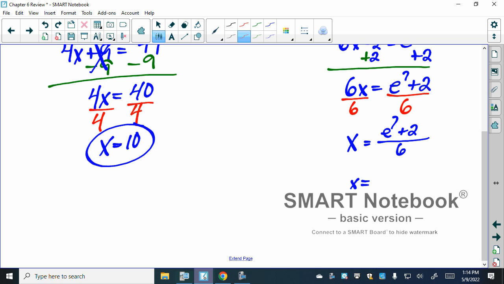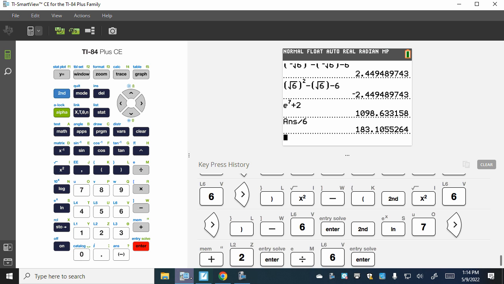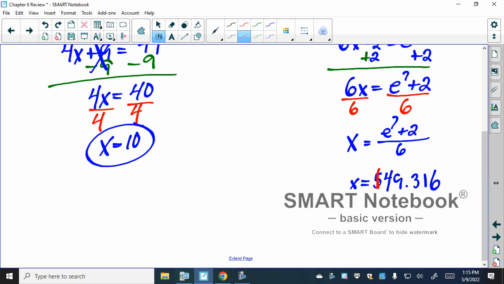See, now that does not make sense. It's got me at 1350. Wait, let's see what it is. Yep, you were on the third. No, I divided it by 2, not 6. Oh, I was right. You were wrong. Yeah, divided by 6 should be 183.106. Oh, got it wrong still.